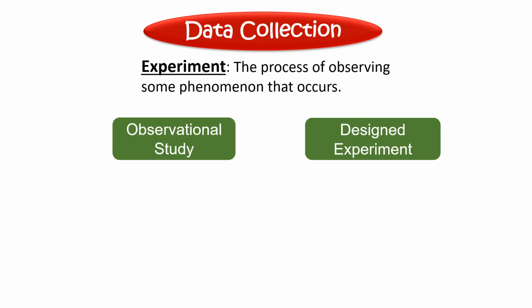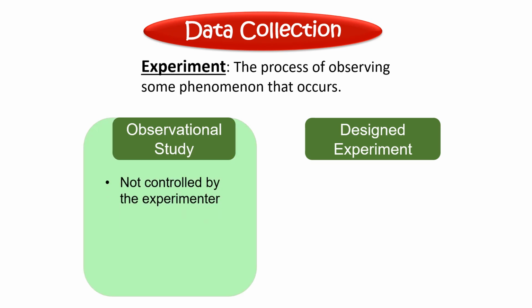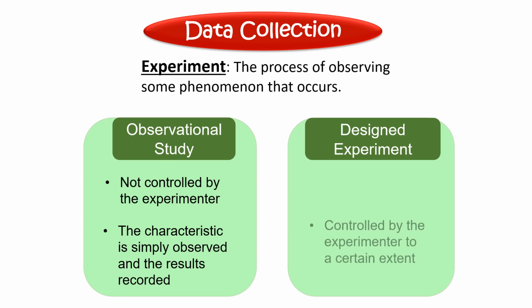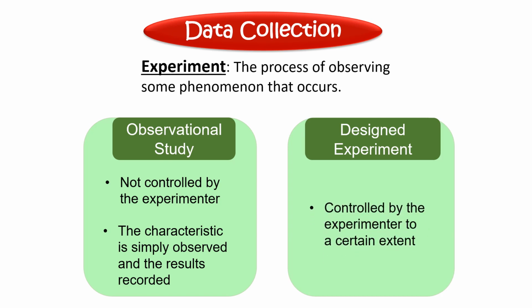The other one is the designed study or the designed experiment. With the observational, nothing is being controlled by the experimenter. The characteristic is simply observed and the results are recorded. But with the designed, everything is controlled by the experimenter to a certain extent. That's the difference between the two methods.